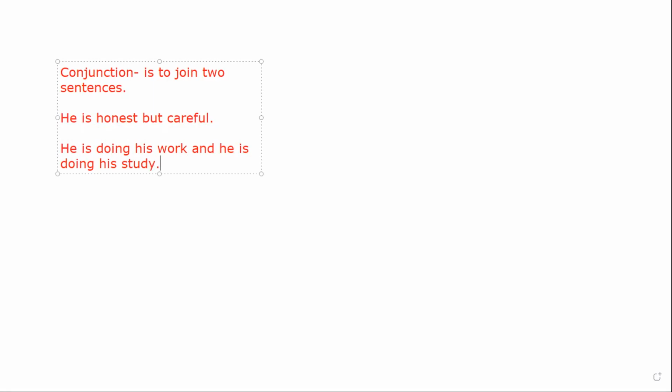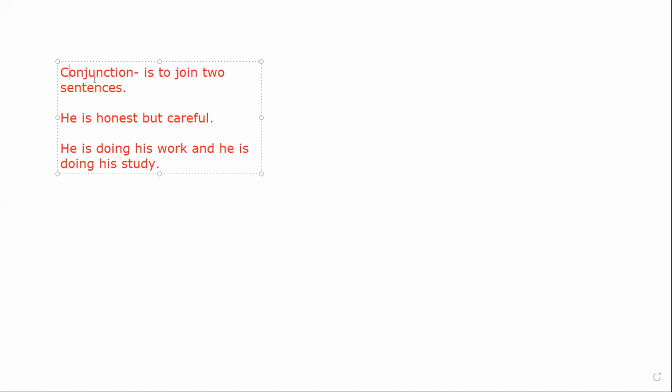So this way a conjunction joins two sentences. Here in the first sentence, but joins two words, honest and careful. And in the second sentence, he is doing his work and he is doing his study. So and is a conjunction.